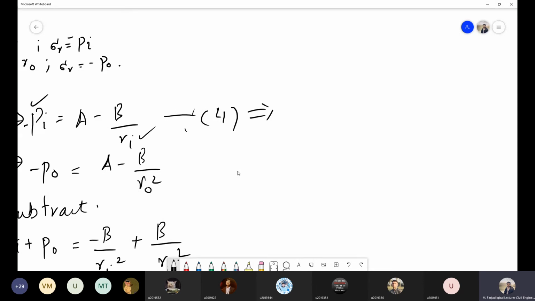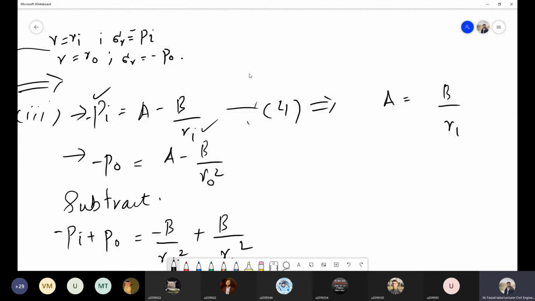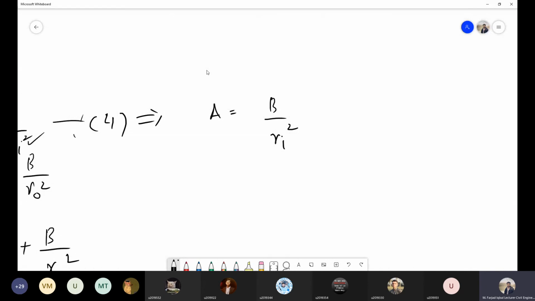So from this equation, obviously a will be equal to b over ri. By the way, there is a square term over here. So a is equal to b over ri square minus pi.